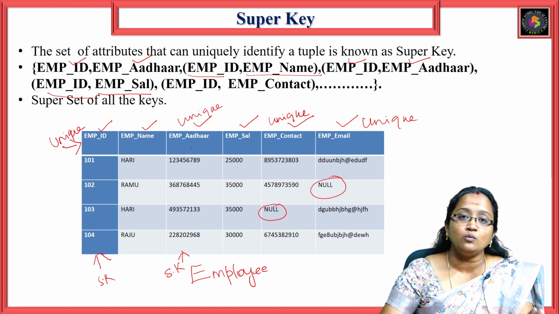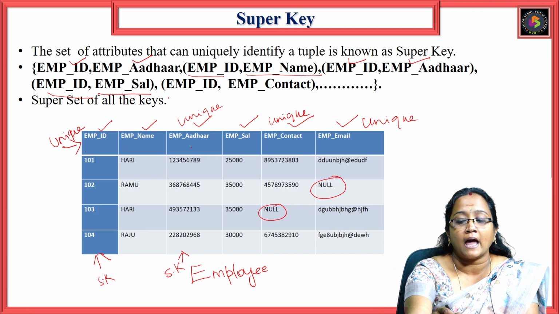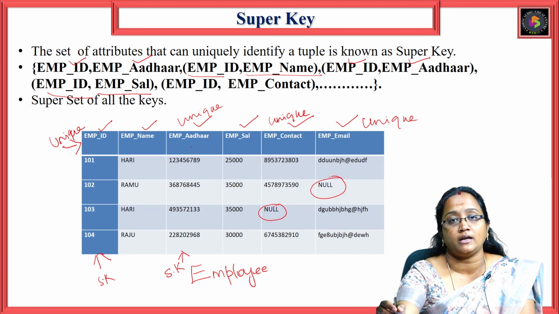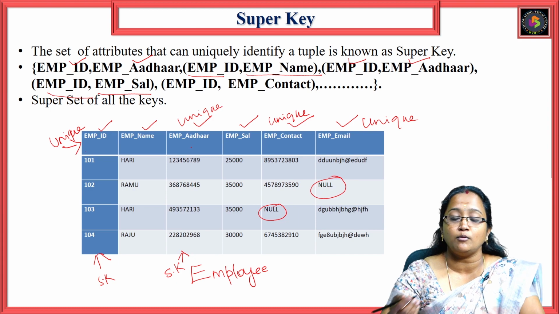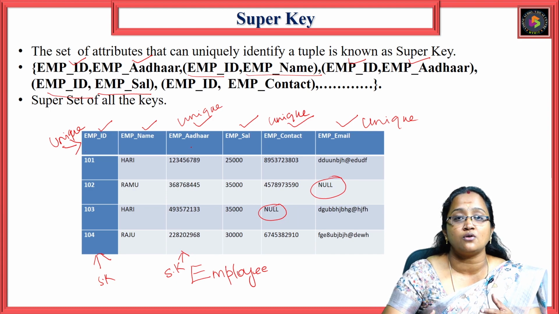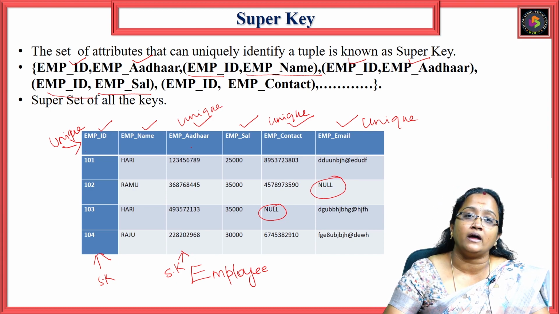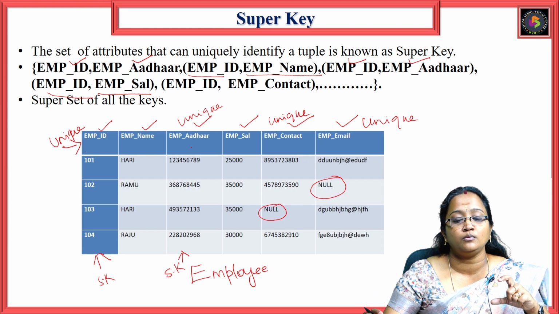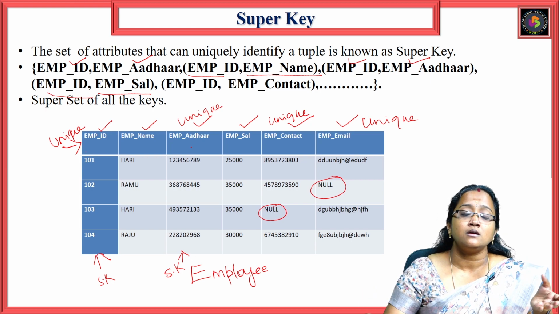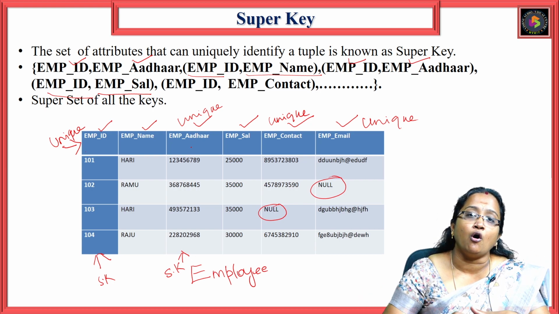So we can combine a unique attribute plus any combination of other attributes. Employee ID plus employee contact. In the same way, employee name with employee Aadhaar, employee contact with employee name. So these are combinations of attributes used to find a tuple uniquely. That is the use of a super key: an attribute or set of attributes. So it is called a super set of all the keys.